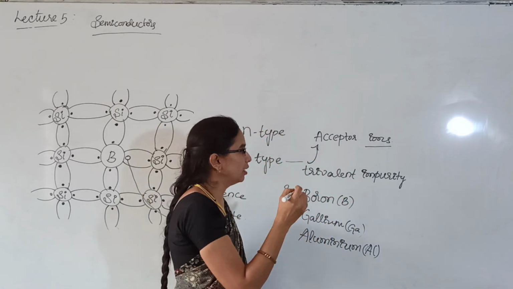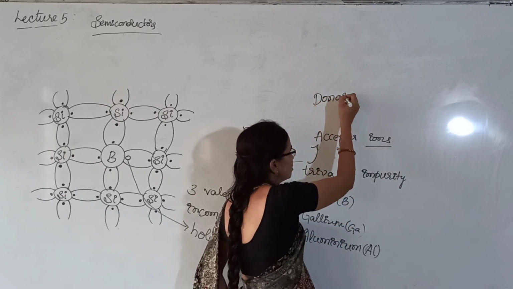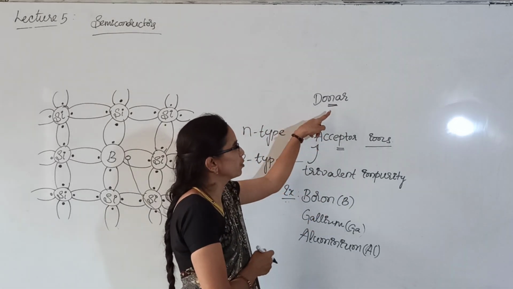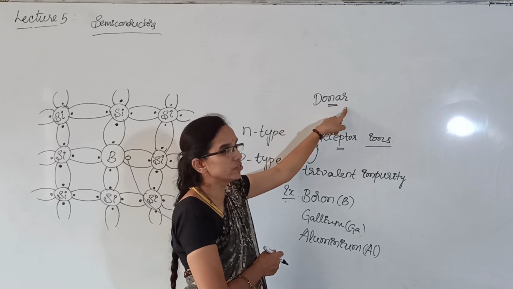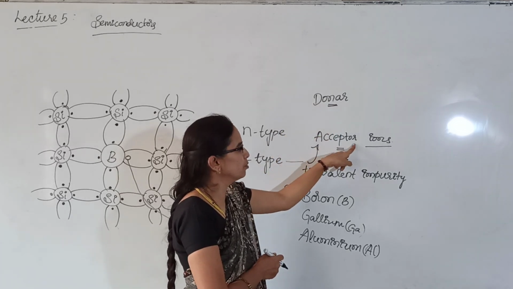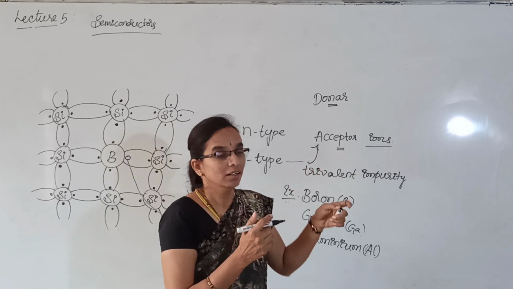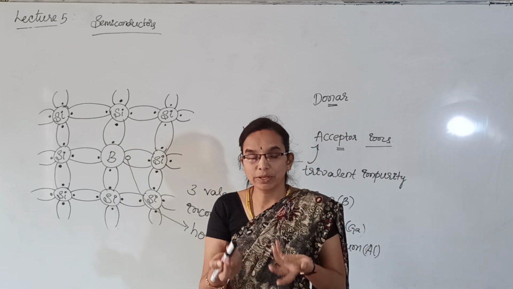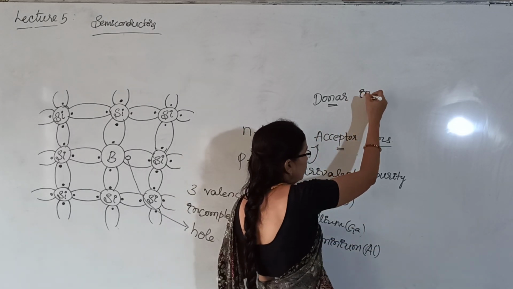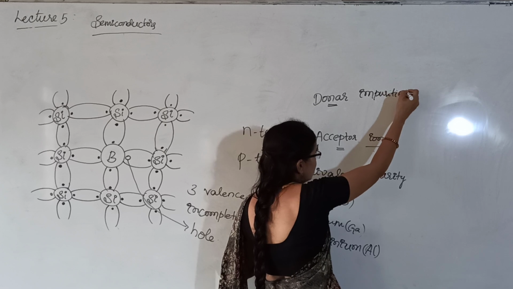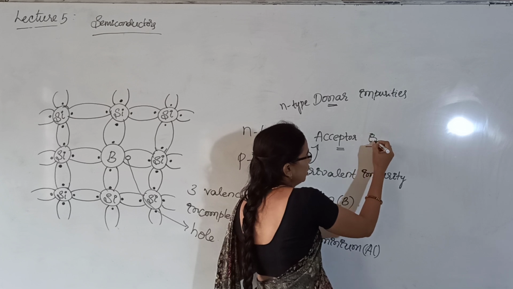So the aid of remembering is for p-type semiconductor acceptor ions, for n-type semiconductors donor ions. You can remember like this: donor ions will be obtained in n-type semiconductor, acceptor ions will be obtained in p-type semiconductor. Okay, to get the n-type semiconductor, you need to add donor impurities, whereas for p-type semiconductor you need to add acceptor impurities.